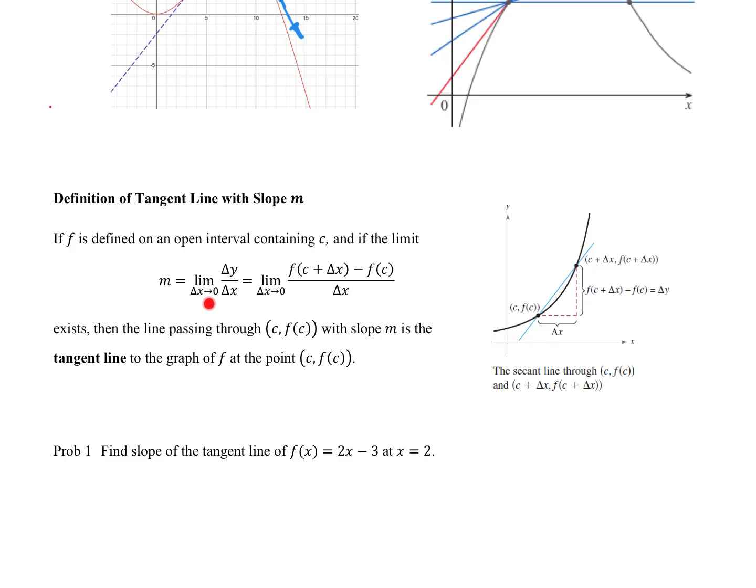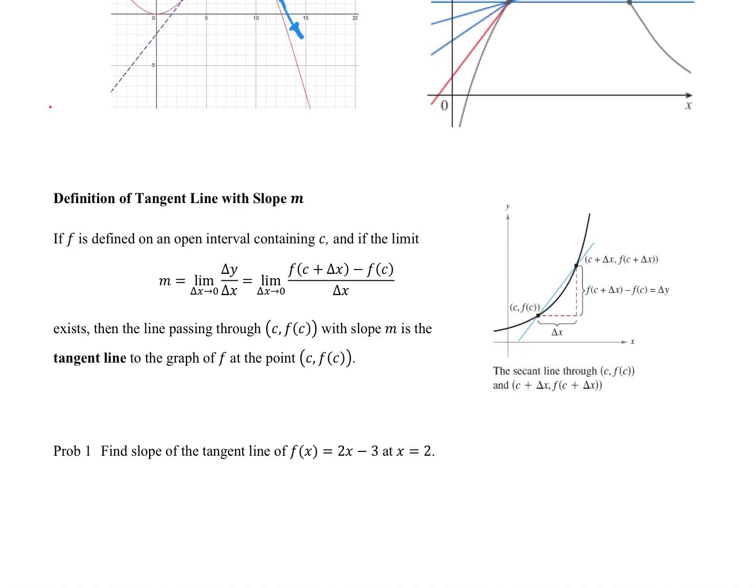So let's take a look at this graph. This is the change in x. When this change approaches 0, then this point will approach the point of interest. Therefore, the secant line will approach the tangent line.